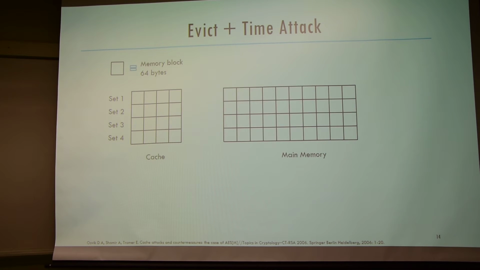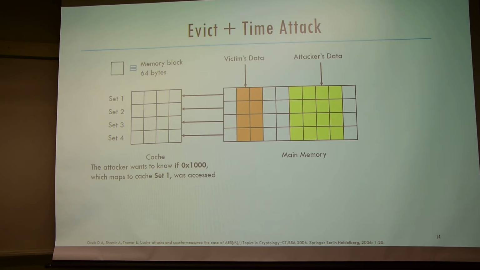Okay, so evict and time. Suppose we have one cache and one main memory, and the cache has 4 sets. This is the mapping from the main memory to cache. And we have victim data and attacker's data. Suppose the attacker wants to know if this address 1000, which maps to set 1, was accessed.